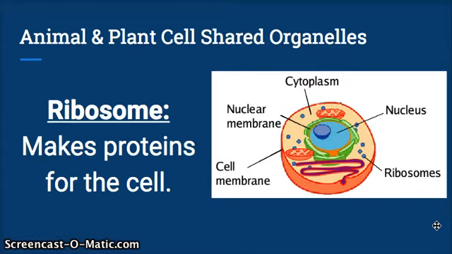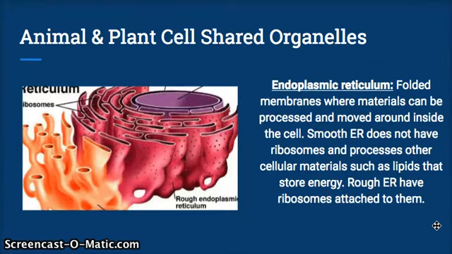Ribosomes are organelles that simply make proteins for the cell that they can use for a variety of activities. The endoplasmic reticulum, hard to say, is simply folded membranes where materials can be processed and moved around inside the cell. So you can kind of see how materials can move around with these folded membranes.